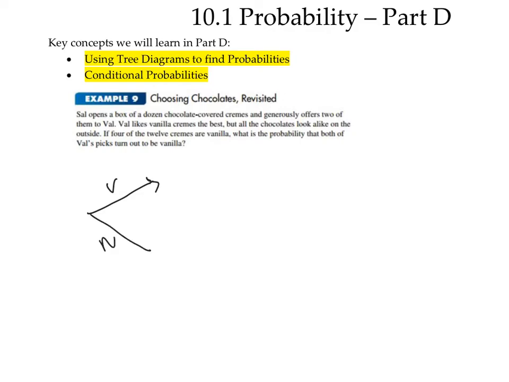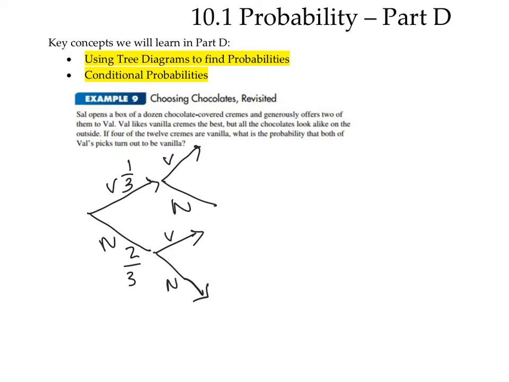The probability of it being a vanilla cream is 4 out of 12, or 1/3. The probability of a non-vanilla cream is 8 out of 12, or 2/3. The second choice can happen to be either another vanilla cream or a non-vanilla cream. And that can happen in either of the first 2 choices.